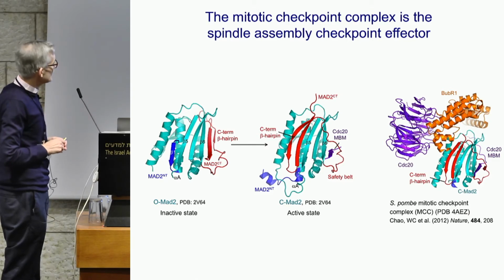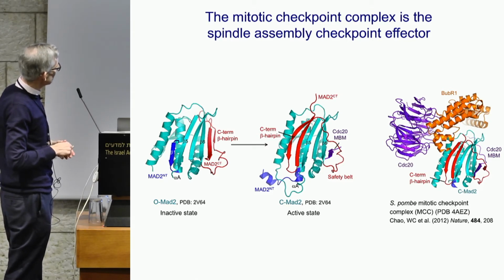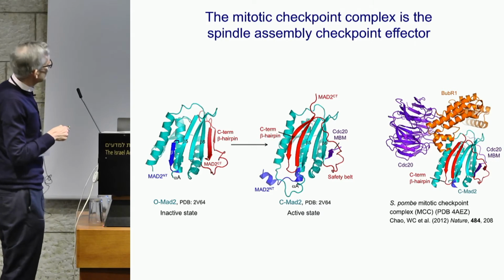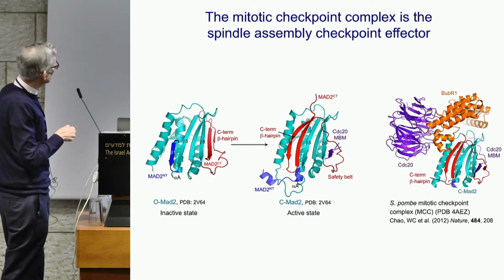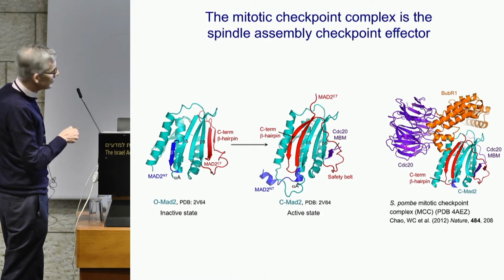This is work from Hongtao Yu and Andrea Musacchio. And they showed that on conversion from the inactive open MAD2 to the active closed MAD2, the N-terminal beta strand is displaced from its pairing with the beta 5 beta strand and forms the first turn of a helix called the alpha 5 helix. And then this C-terminal beta hairpin is displaced from this side of the beta sheet and exchanges for the beta 1 strand.